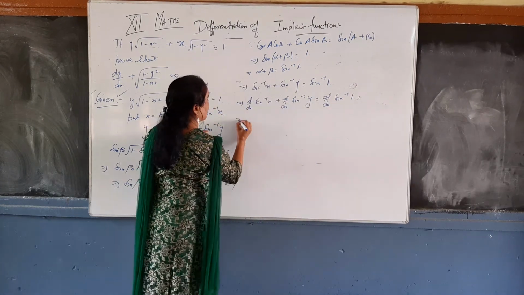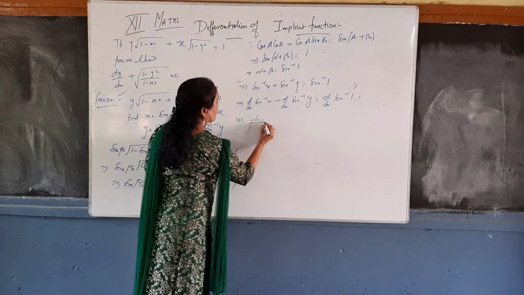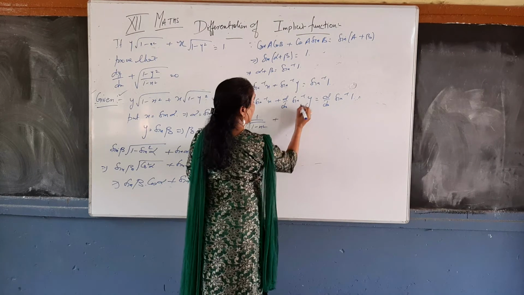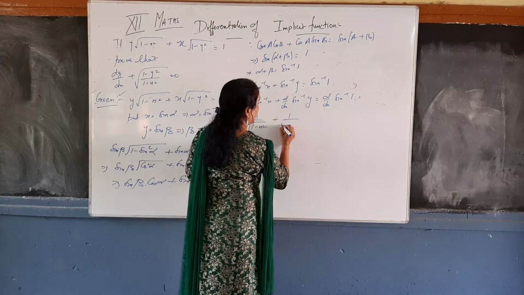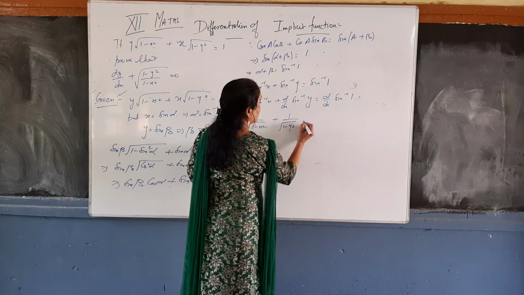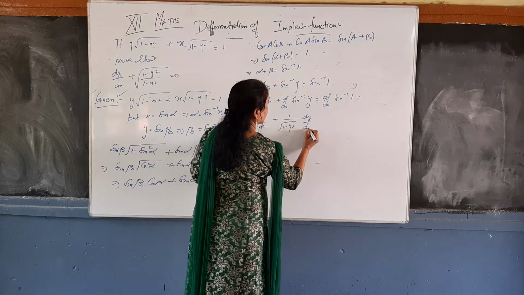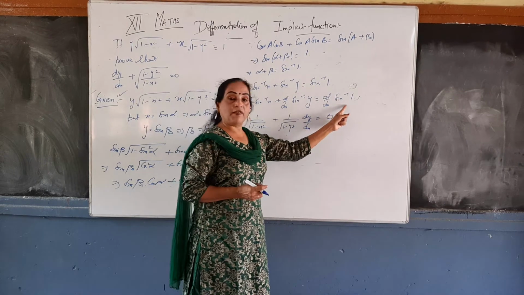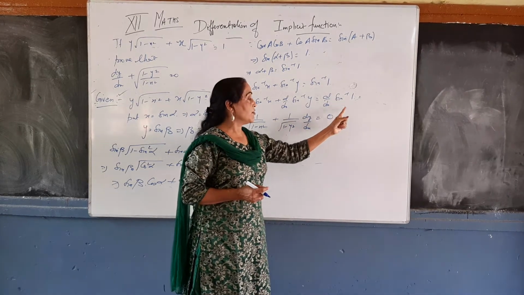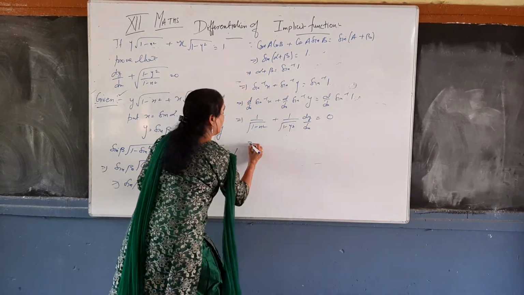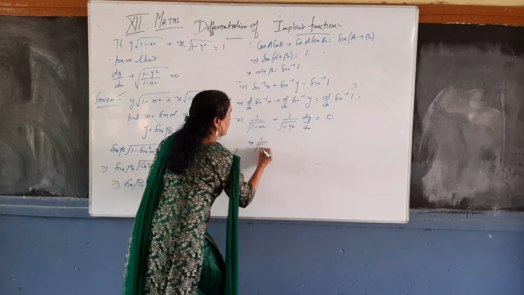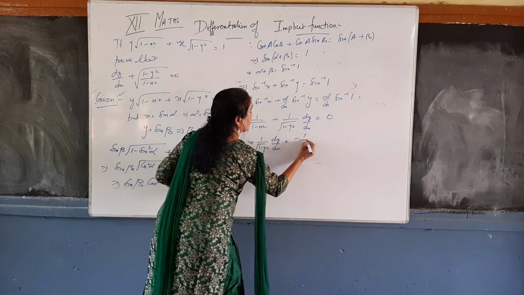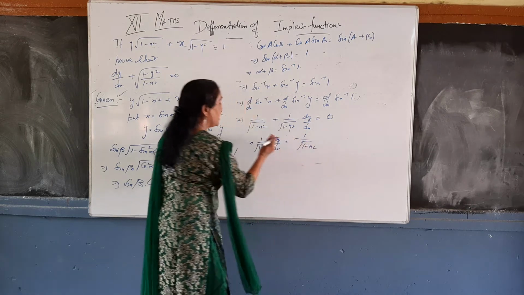Now the differential of sin inverse x is 1 upon under root 1 minus x square, plus the differential of sin inverse y, which is 1 upon under root 1 minus y square, dy by dx, equal to 0, because 1 is constant and the differential of a constant is 0. Similarly we get 1 upon under root 1 minus y square dy by dx equal to minus 1 upon under root 1 minus x square.